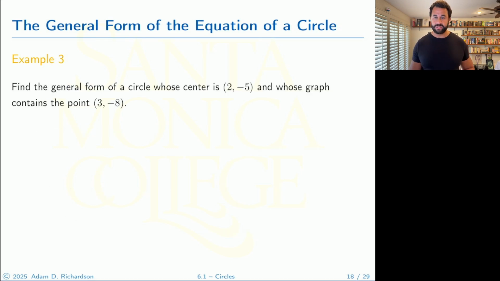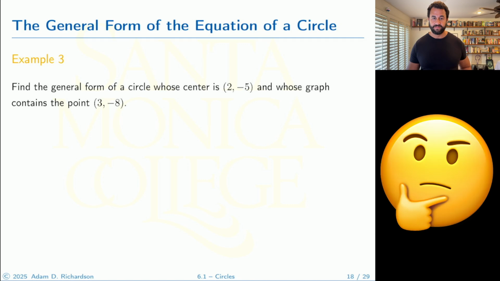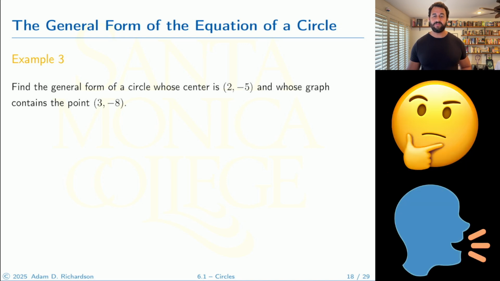Okay, another example. I want you to try to find the general form of a circle whose center is 2, -5, and whose graph contains the point 3, -8. Okay, ponder this one for a minute. Now say something out loud.